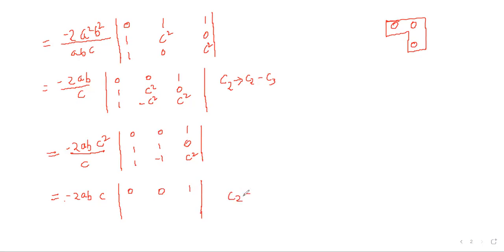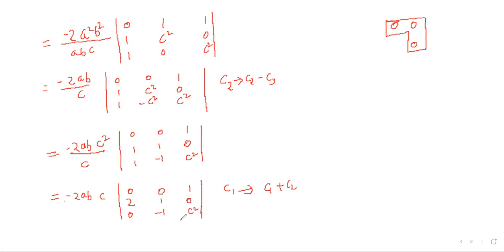So C1 is operated as C1 plus C2. 0 plus 0, 0, 1 plus 1, 2, 1 minus 1, 0. Then all other terms will be written as they are.